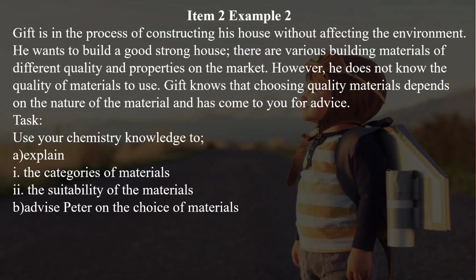For example, they might say, Gift is in the process of constructing his house. He wants to fit his doors, but doesn't know the material used for fitting doors. So it means we are going to use materials for fitting doors. You have to reflect on what materials are used for fitting doors.